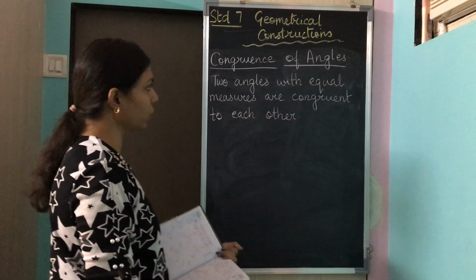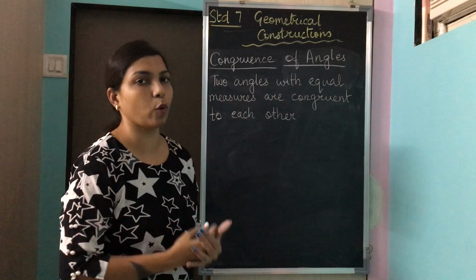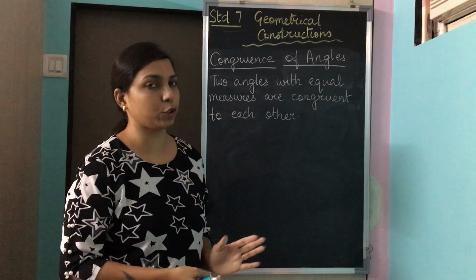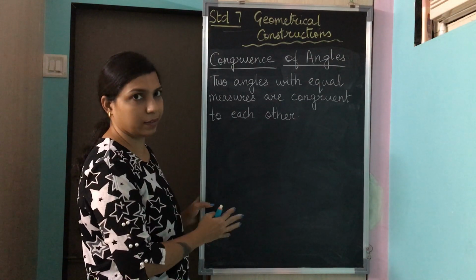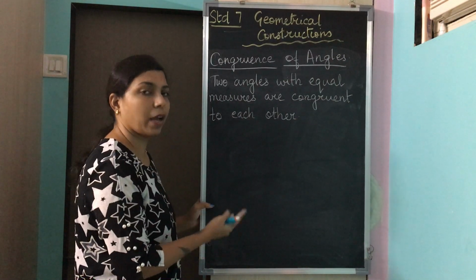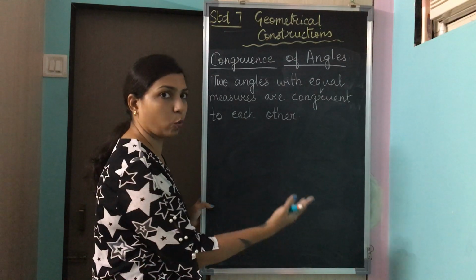The definition of congruency of angles says that when you have two angles with equal measures, then they are said to be congruent to each other. So I'm going to draw some angles on the board now, and we will give the measurements for those angles, and then we will write down which angle is congruent to which angle.